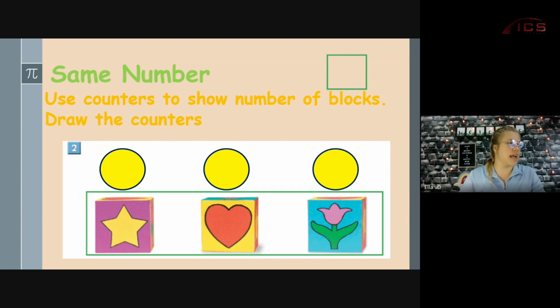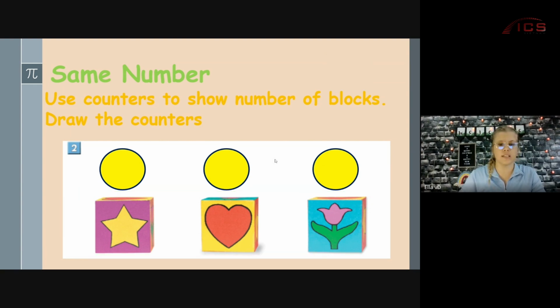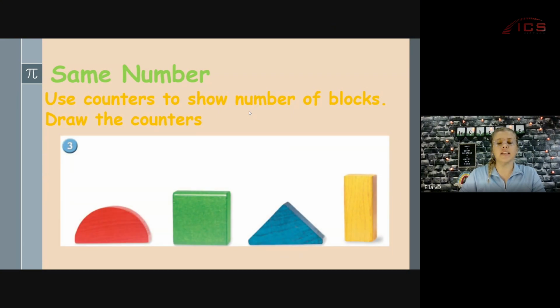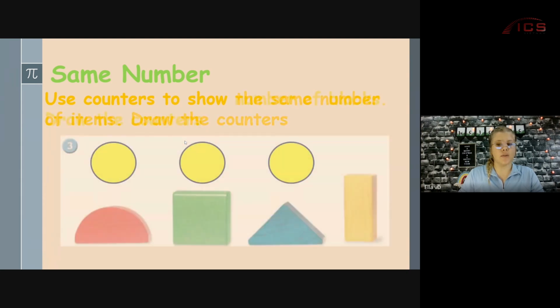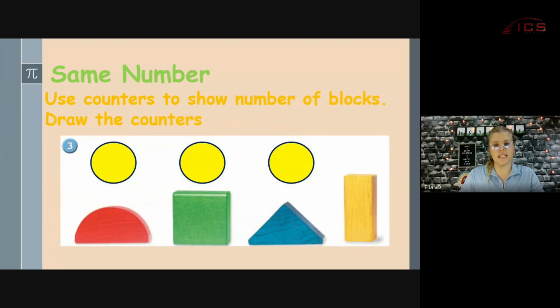Okay, guys, let's quickly go to the next part. I'm going to clear all my drawings. The next one. How many shapes do we see over here? We're going to draw circles this time to count them. We need to count them. 1, 2, 3. There was 4. Look carefully. There's 4.